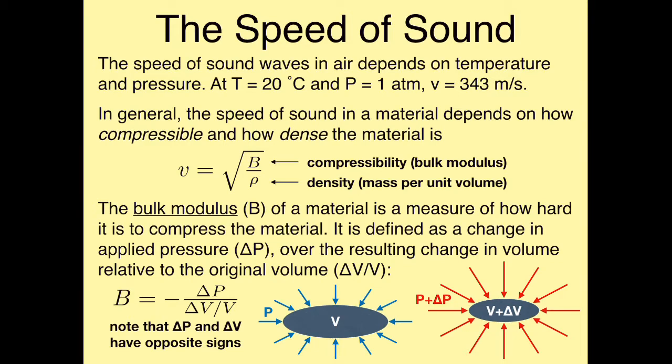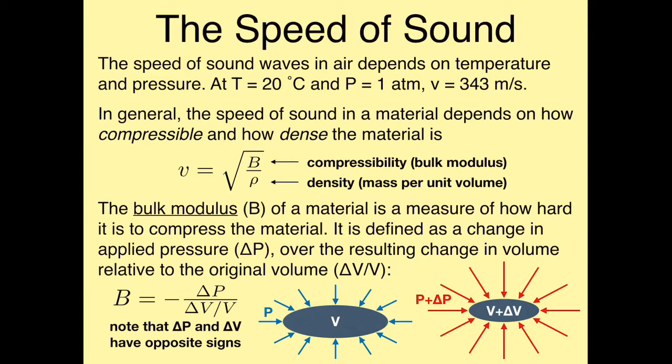Intuitively, we know that this will cause the material to compress, so it's going to be a smaller volume than it was before. The volume is now V plus delta V, where delta V is a change, and delta V is going to be negative because we've caused the material to shrink to a smaller volume.